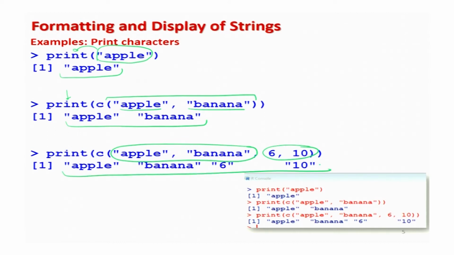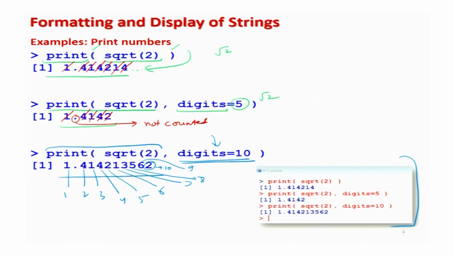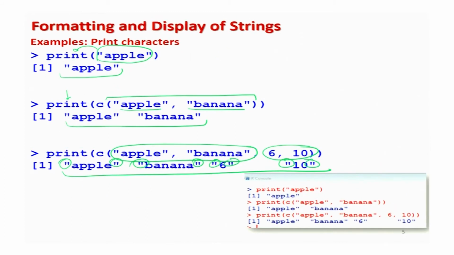You can see now this apple is inside double quote, banana is inside double quote, 6 and 10 are also inside the double quote, because now 6 and 10 are taken as characters, whereas earlier, if you are taking 1.414, this square root of 2, this is not inside the double quotes, right.